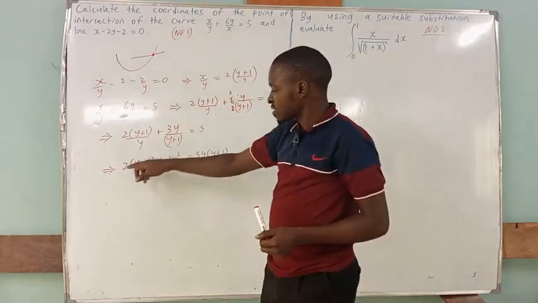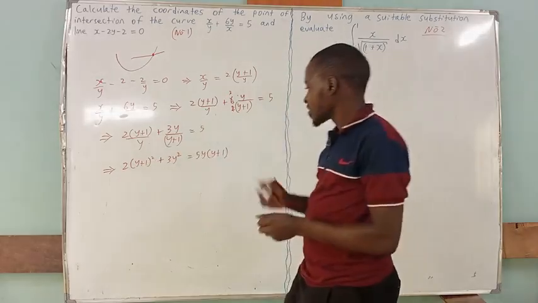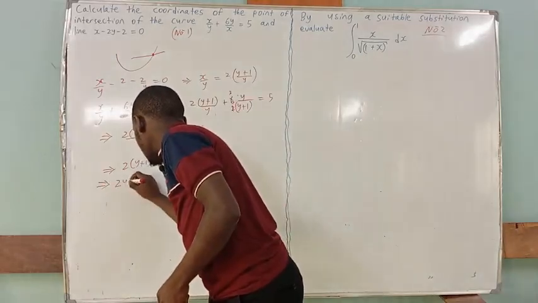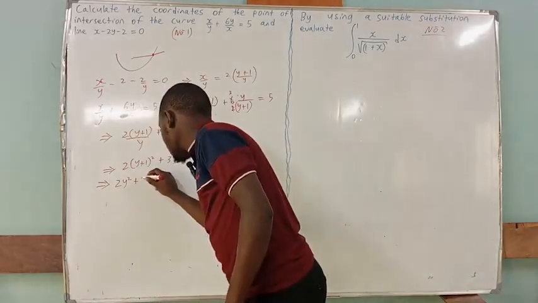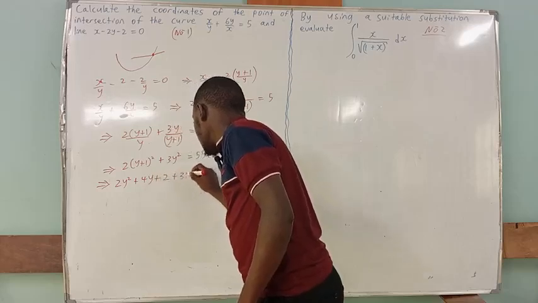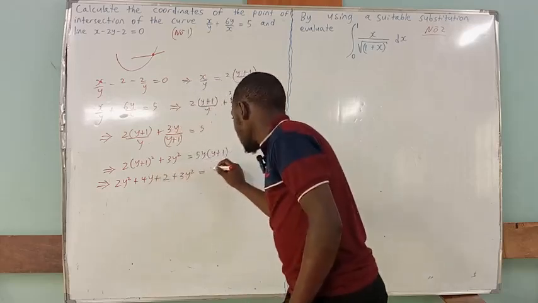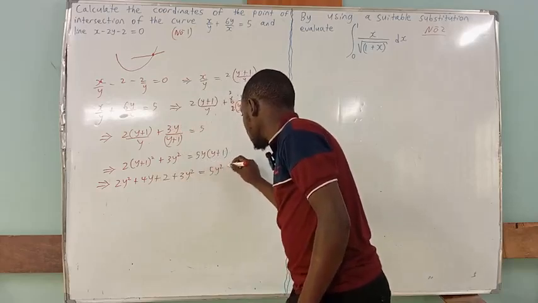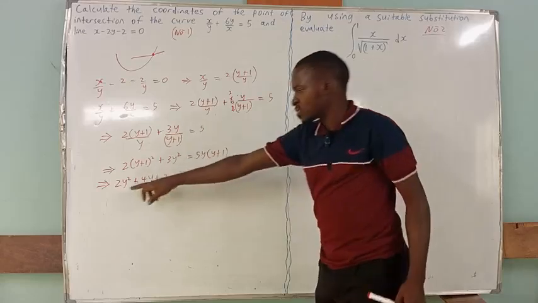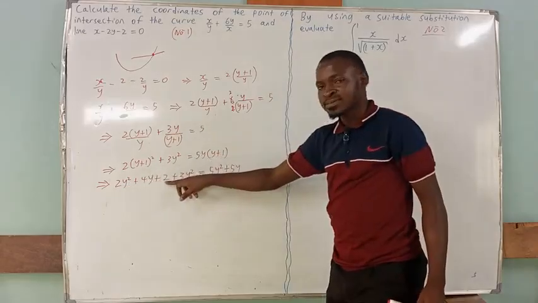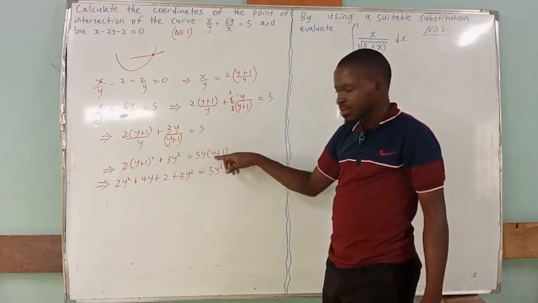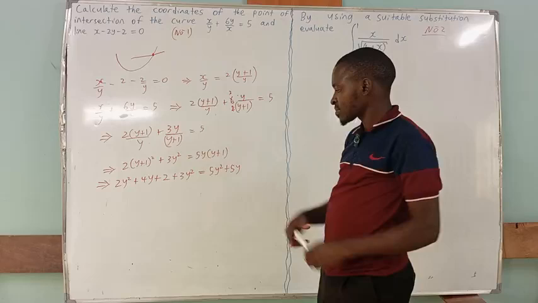Then we expand these equations. Here we get 2y squared plus 4y plus 2 plus 3y squared is equal to 5y squared plus 5y. After expanding this, you get this. Then if you open the brackets here, you get 5y squared plus 5y.